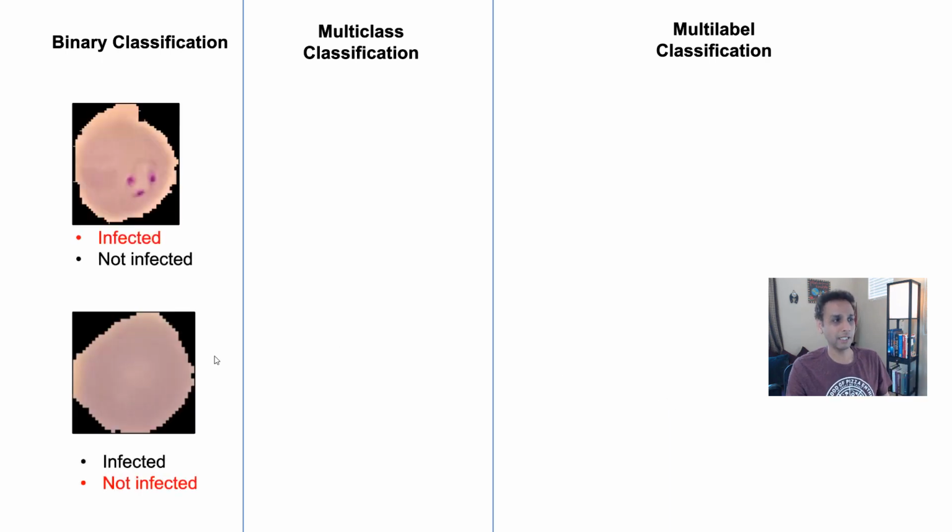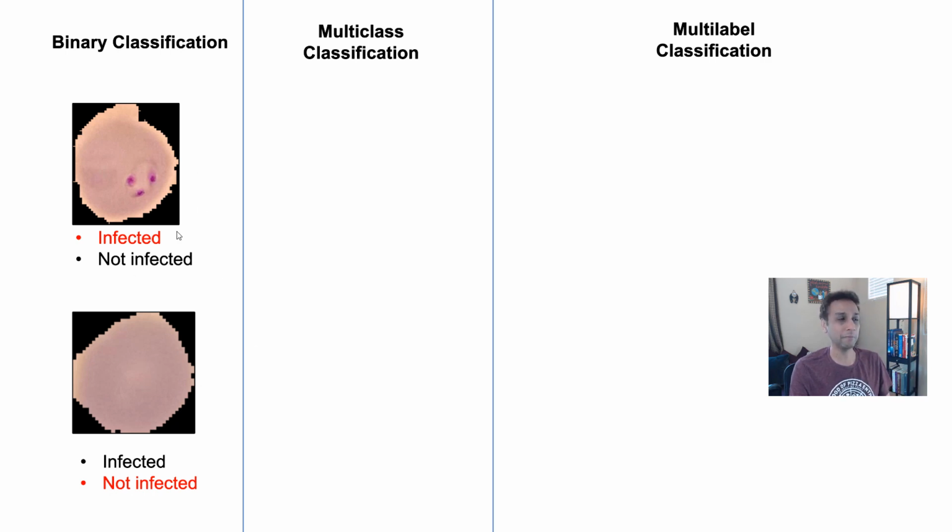Binary is, let's look at these two images. The one on the top is an infected cell, and the bottom one is not infected. So this is a binary classification, in which case the output is going to be only one value. If that value equals 1 or is close to 1, that means it's closer to one of these. If it's equal to or close to 0, that means it's the other.